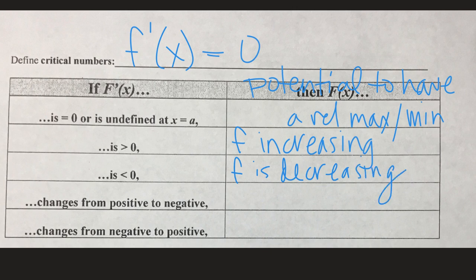These are all the things that our first derivative tells us, the things that we can test by using the first derivative. Is the function increasing? Is the function decreasing? Does the function have a relative max or a min? If the f prime changes from positive to negative, then you have a potential relative maximum, a relative extrema.